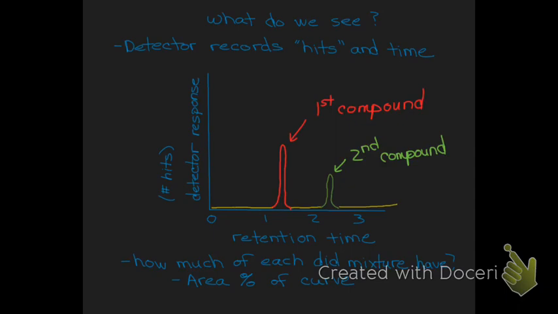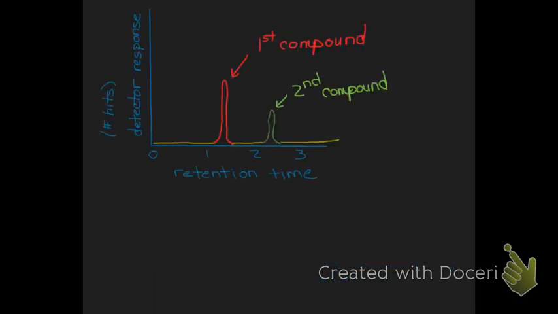Because that y-axis is basically the number of hits at that period of time, what we can do is integrate the areas of each of those curves to determine the ratio of each one. So let's just redraw that plot again and just show you what I'm talking about here.